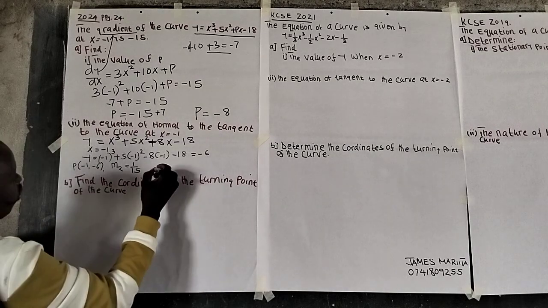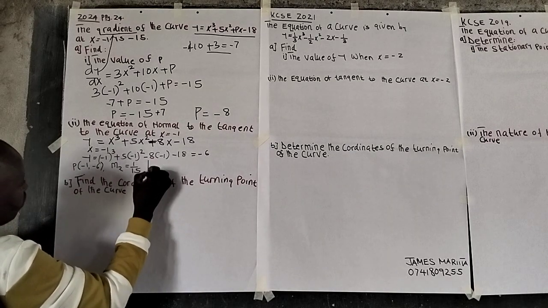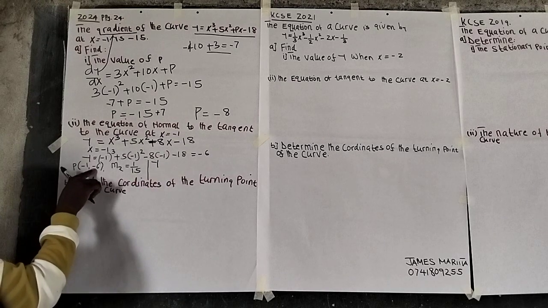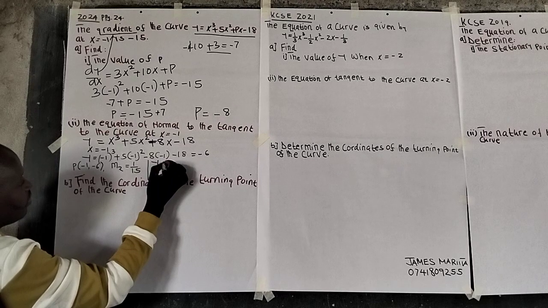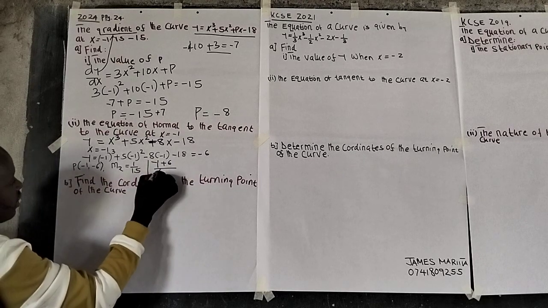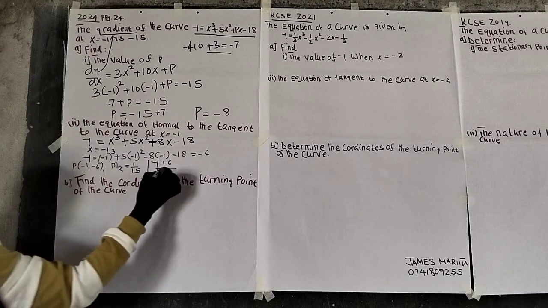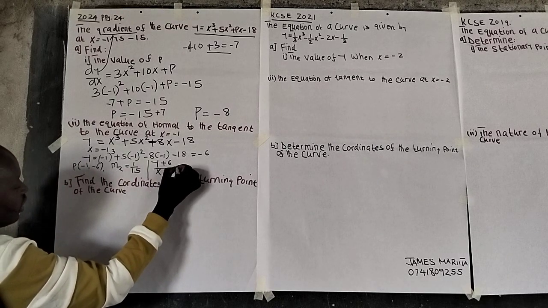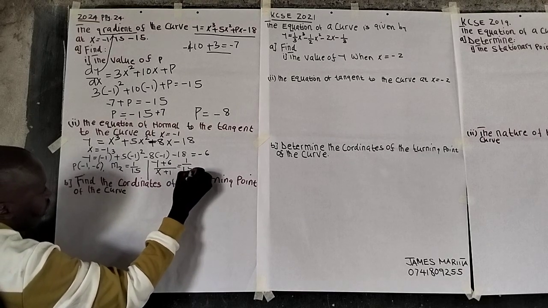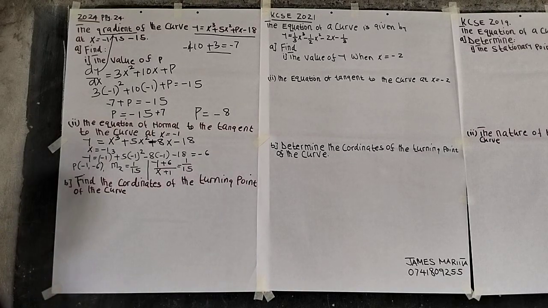To get the equation of a line, you say the change in y, which is y minus negative 6, so it becomes plus 6, then you divide by the change in x, x minus negative 1, it becomes plus 1, and that equals the gradient, which is 1 over 15.